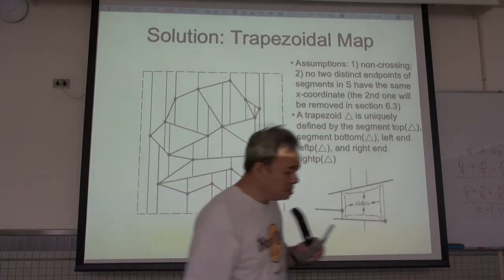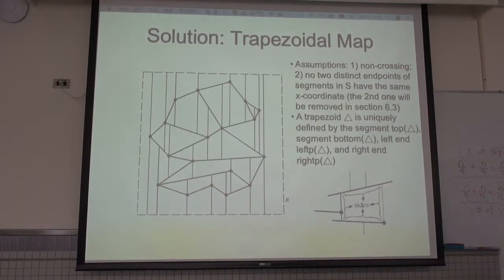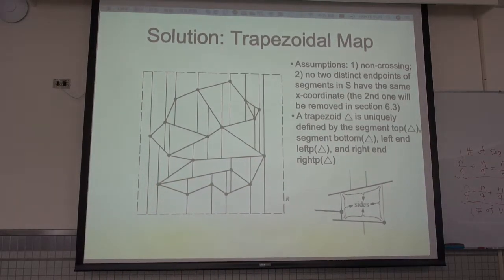It will stop. Why? Because we do not want to cut the space too many times. We do not want to have too many subspaces, because each subspace eventually is going to require some storage space, right?